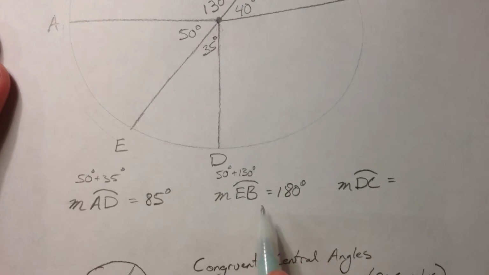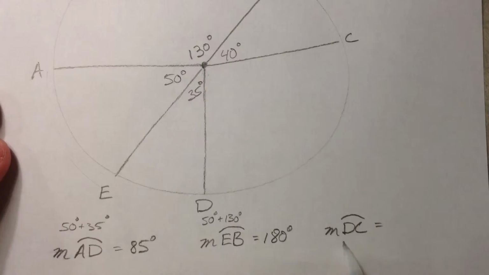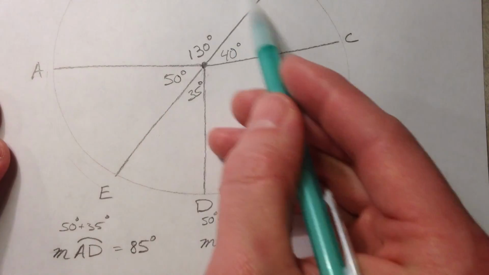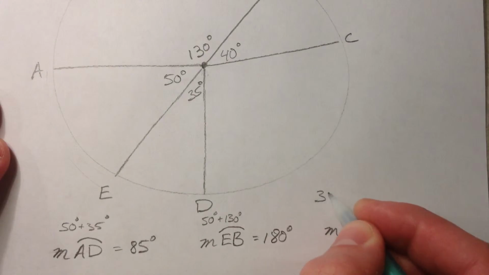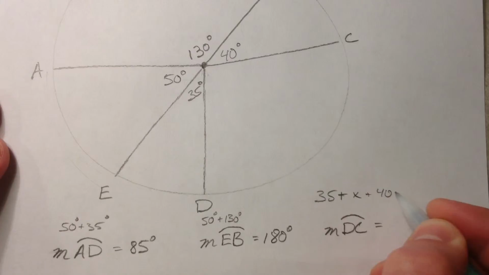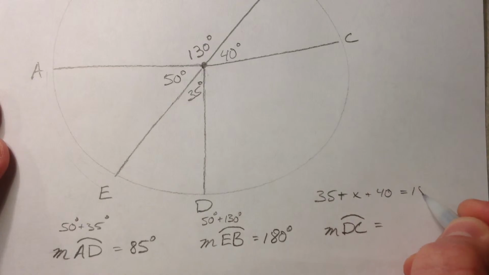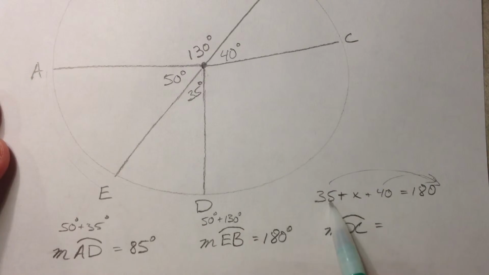But now that I know that was 180, I can find arc DC, because if EB this way had to be 180, this way also has to be 180. So I could say 35 plus something plus 40 equals 180. And so if you subtract over the 40, subtract over the 35, these add together to make 75.